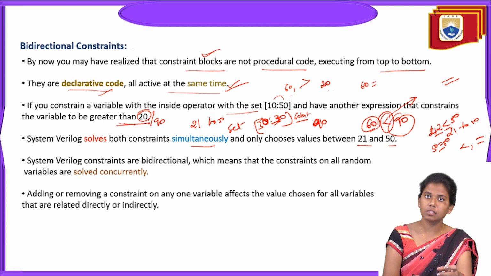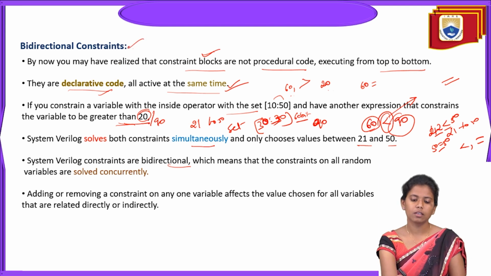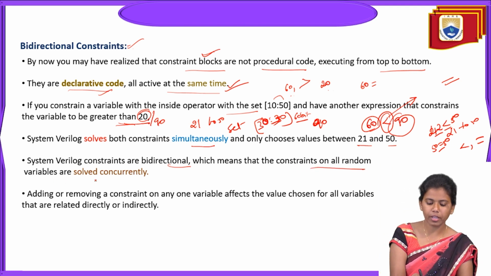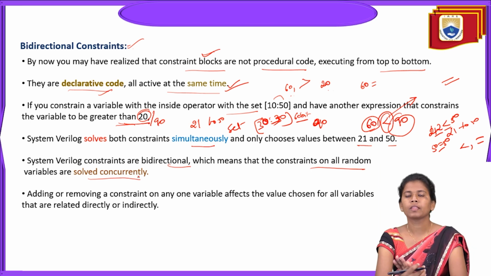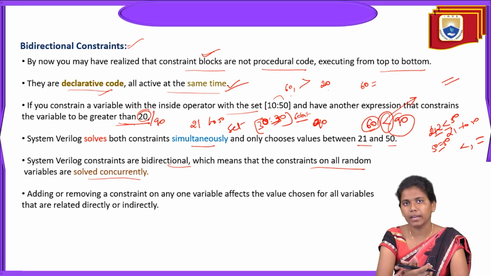SystemVerilog constraints are bidirectional. So our main topic here is the bidirectional constraint. Bidirectional means that the constraints on all random variables are solved concurrently. Why are we calling these bidirectional constraints?